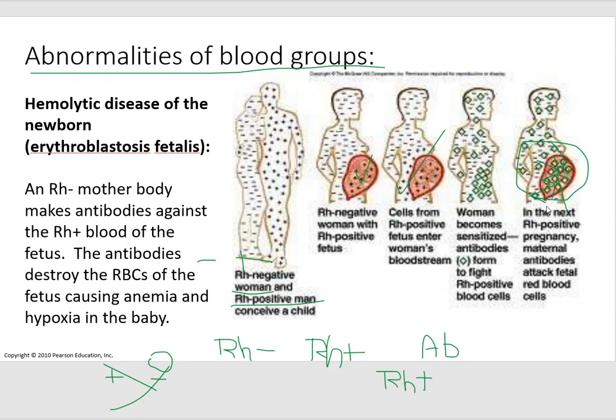So what are we going to do about this? Once we know that mom is Rh negative, and once we have a good indication that dad is Rh positive, we're going to give mom something called RhoGAM. Basically it's antibodies against Rh positive. Wait a minute, how's that going to help?